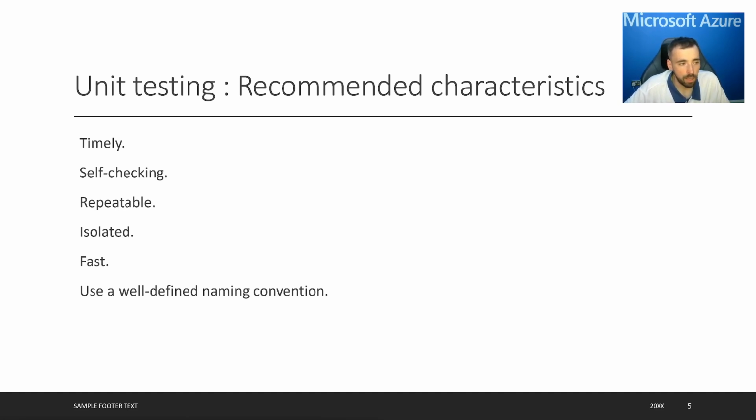And then another recommendation too is to use a well-defined naming convention. So by looking at the name of a unit test, we should be able to discern what it's testing, what is the expected result, and what a pass looks like. So we should have well named and a good naming convention for our unit tests.